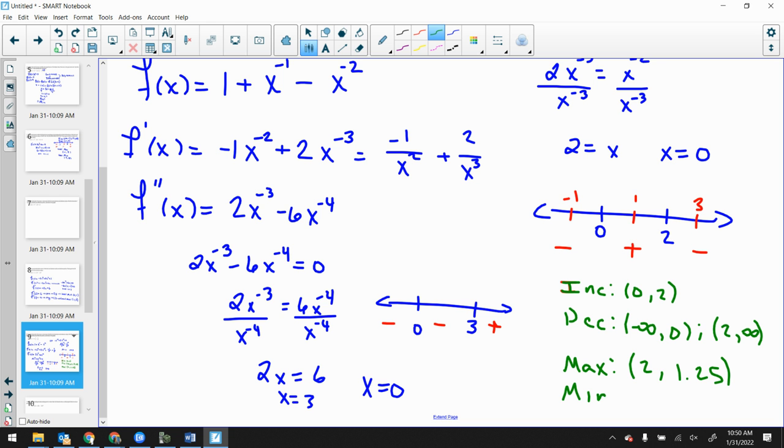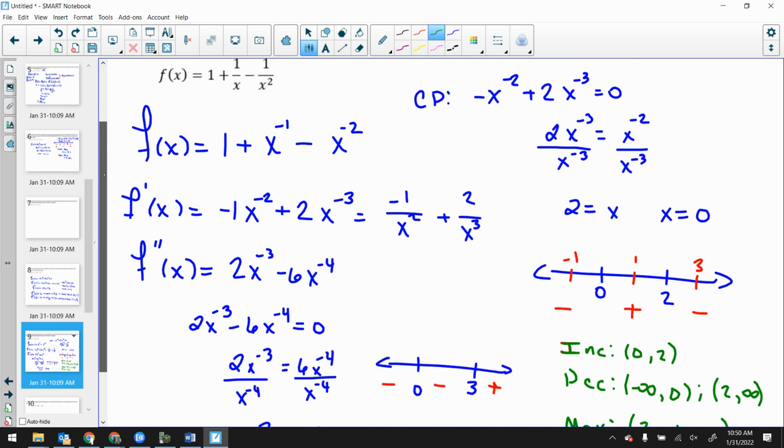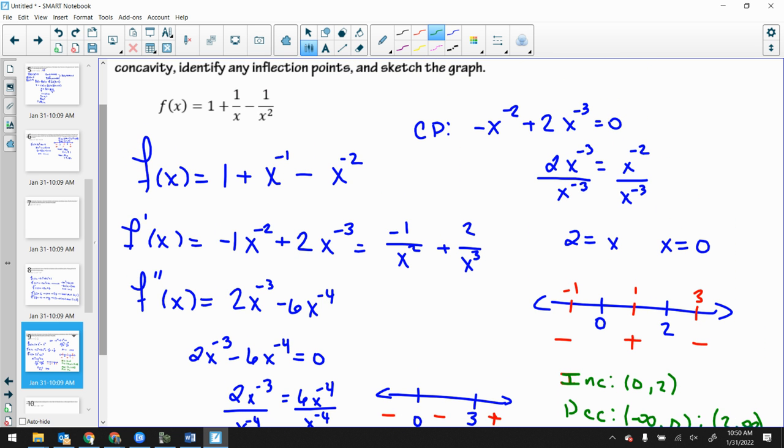Now, my local minimum, decreasing to increasing, would be at 0, right? Wait a sec. What would happen if I plugged in 0 to my original problem? 1 over 0. Does not exist. Because 1 divided by 0 is nothing. It's like does not exist, not 0. Yeah?